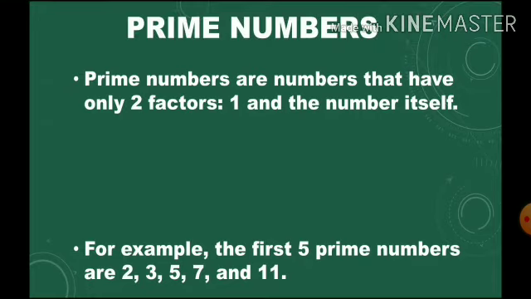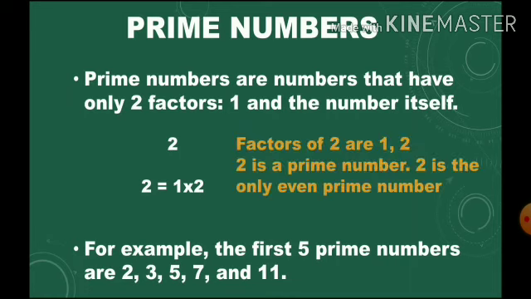Let's take the example of 2. 2 is equal to 1 into 2. So 1 and 2 are factors. So 2 is a prime number. Why is 2 a prime number? Only two factors, 1 and the same number itself, 2 itself.